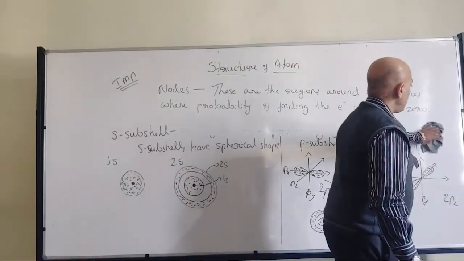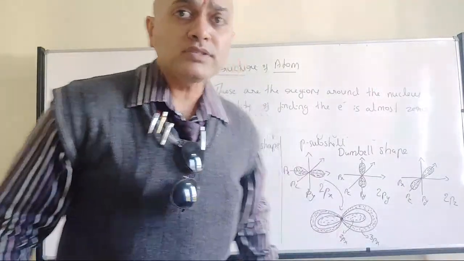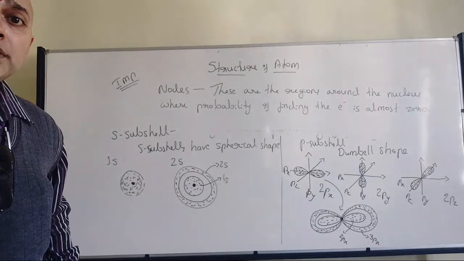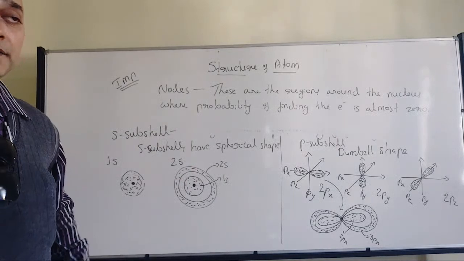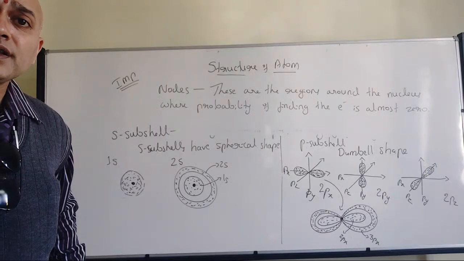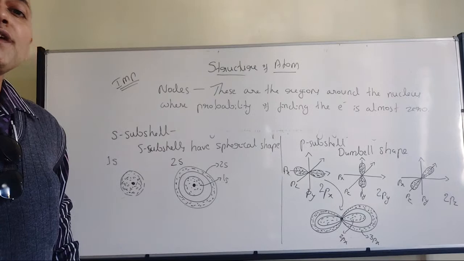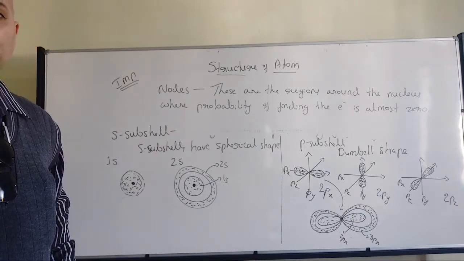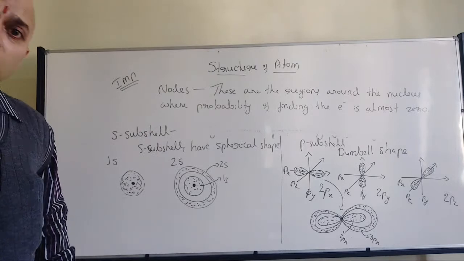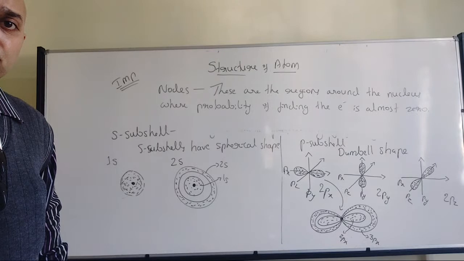It is almost opposite to that of the orbital, where orbital means the probability of finding the electron is very high, but here the probability of finding the electron is almost zero. We cannot find the electron very often. So that's where we have the nodes. All of you have understood? Any doubt in this particular statement?